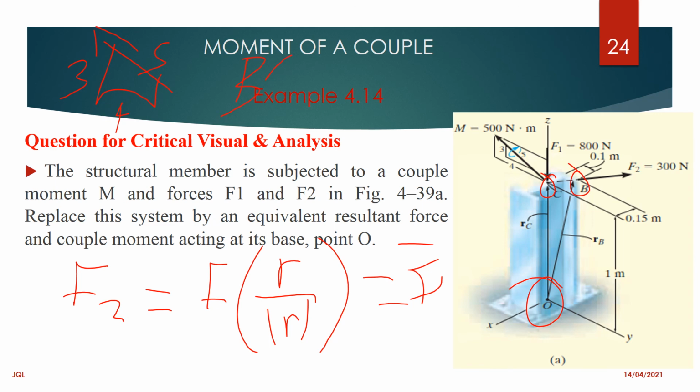B coordinates: in the x is negative 0.15, then in the y is positive 0.1, in the z, it's 1.